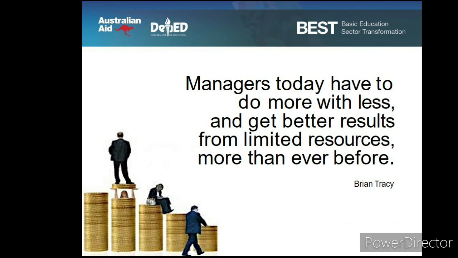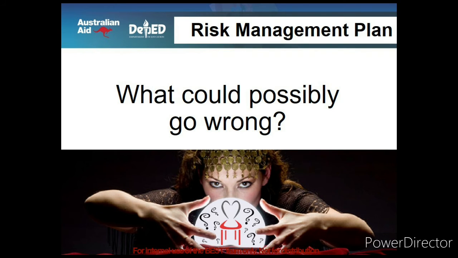than ever before. The seventh step of the learning and development planning process flowchart is developing risk management plan. So in this step, one question could be raised such as what could possibly go wrong?